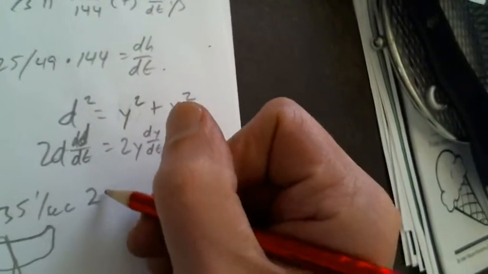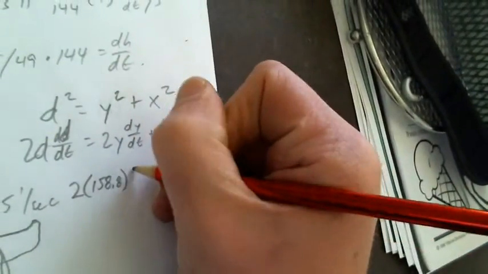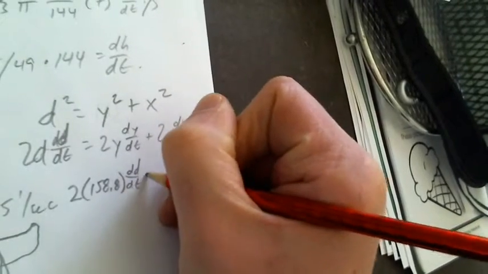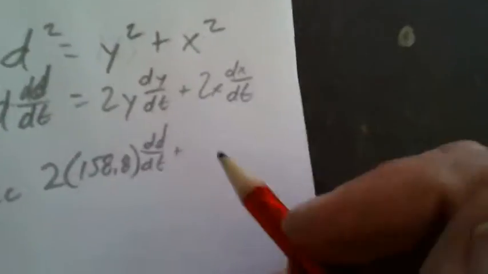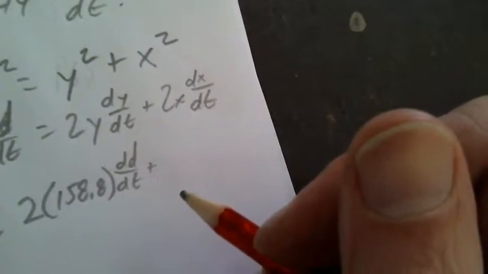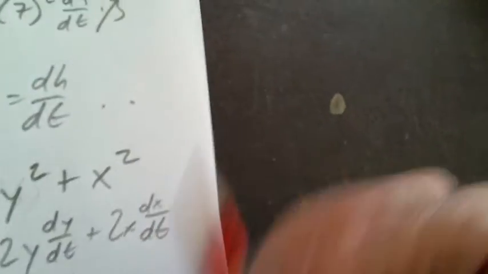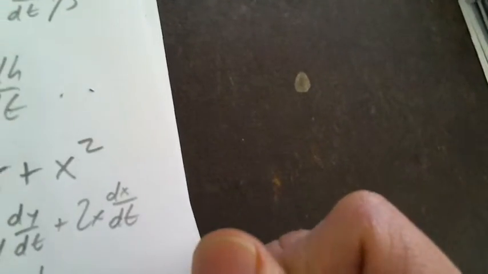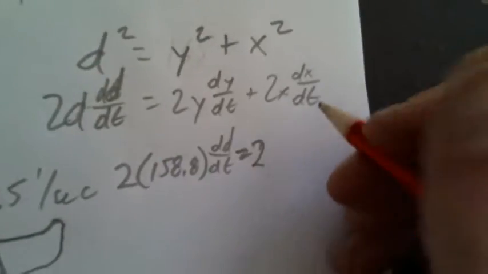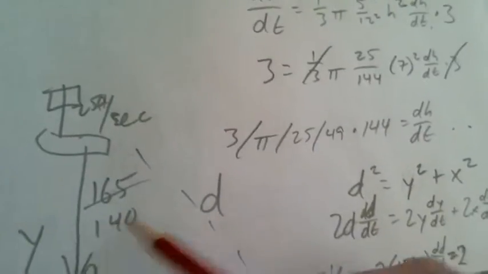So this will be 158.8 dd/dt equals 2 times y, so our y is 140.